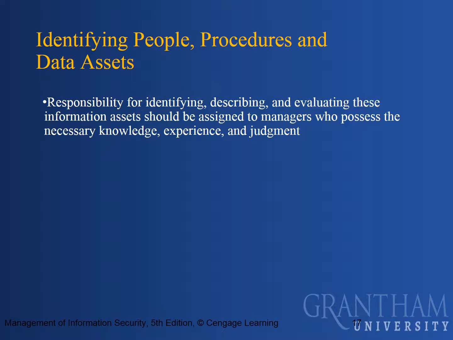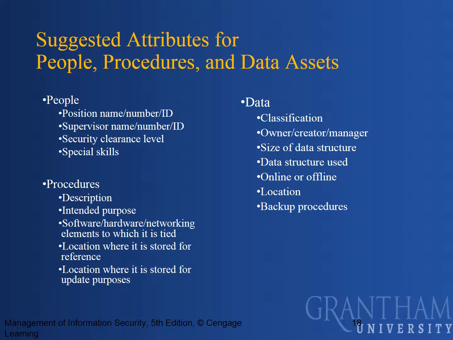Identifying people, procedures, and data assets. As these assets are identified, they should be recorded via a reliable data handling process like the one used for hardware and software. Here are suggested attributes for people, procedures, and data assets shown in each respective category.